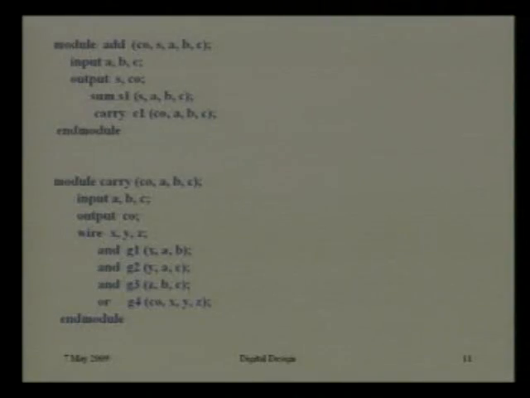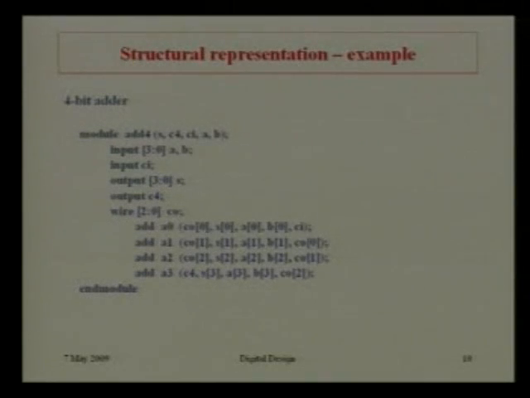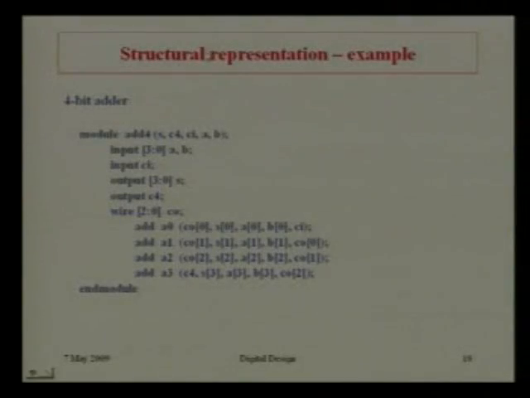See, these are the three intermediate carries, because there are 3 bits. For the last one I have taken C4 separately. That's why it is not 4 bit. This is the 3 bit. Again, this is where [2:0] means you can think that there are 3 buses, a 3-line bus that you are using for the carry out.